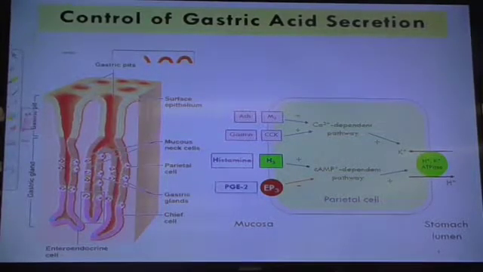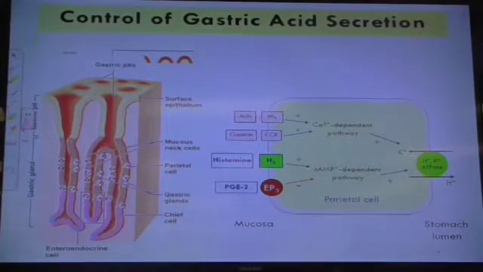And if you recall from the NSAID drugs, the NSAIDs are gonna stop production of the prostaglandin, right? And the prostaglandin is gonna be gone, and there's no mediator to inhibit the release of the gastric acid. So the gastric acid is gonna be released more.